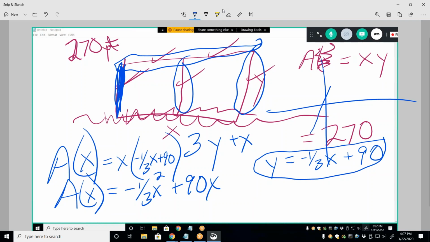So it must be a parabola that looks something like that, and there is a peak right there. At some value of x, the area is going to be at a maximum, and that maximum is going to occur at the vertex. So if we can figure out the x-coordinate of the vertex, we'll plug it into this function down here and we'll get the maximum area.